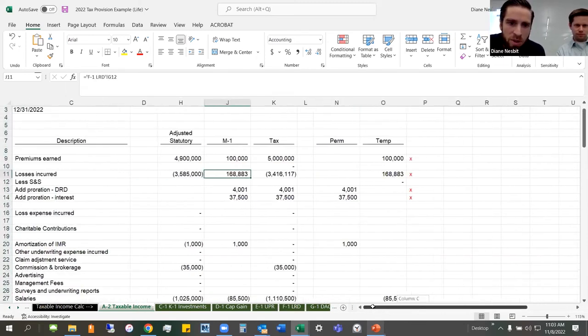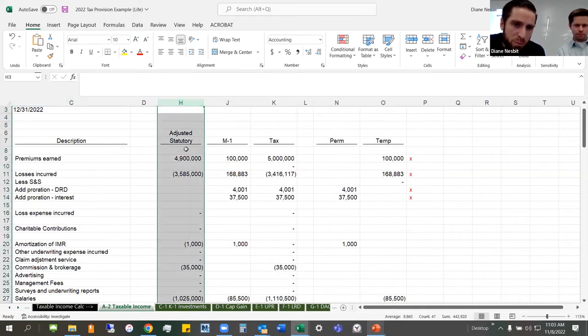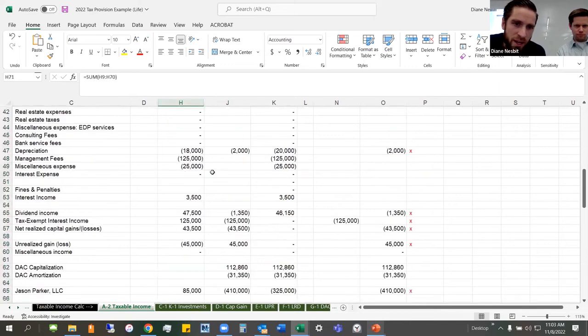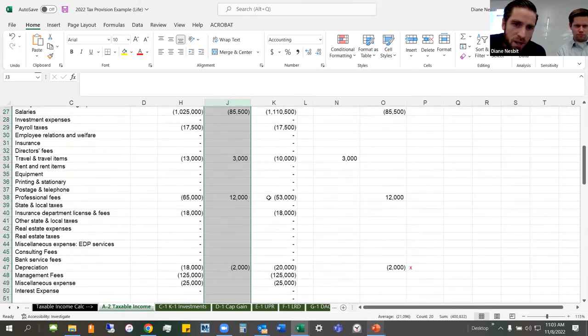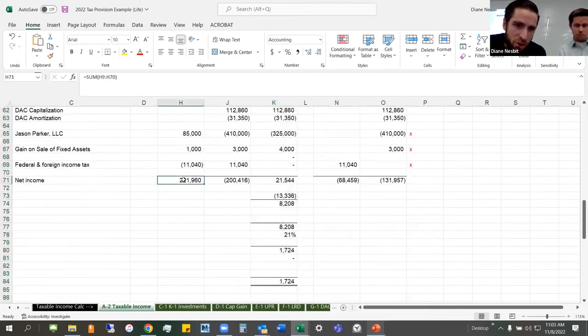We start with our book income from the financial statements. Then in column J, we run all of our book tax differences through to come up with column K. So here's our book income, here's all of our book tax differences, to come up with our taxable income at the end of the year.